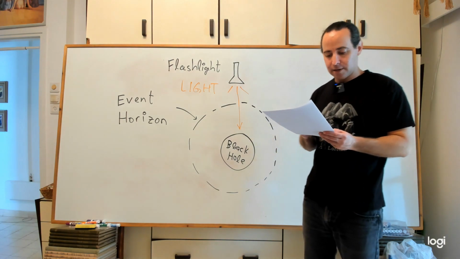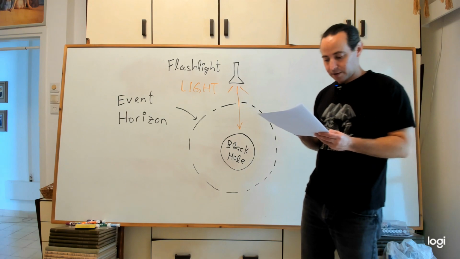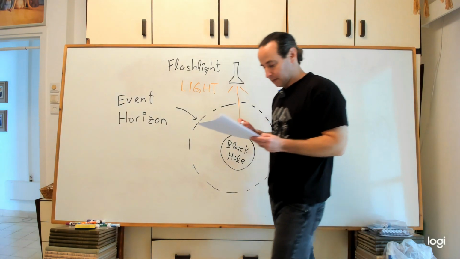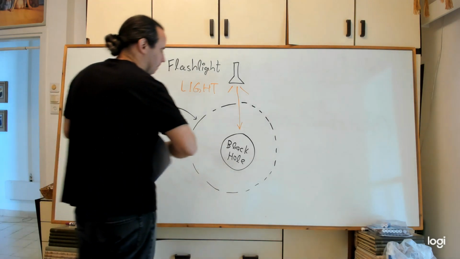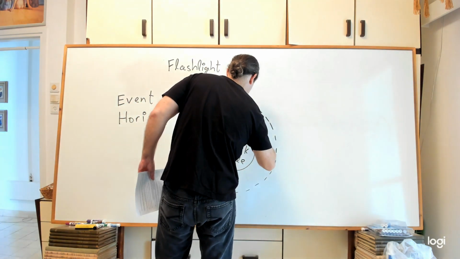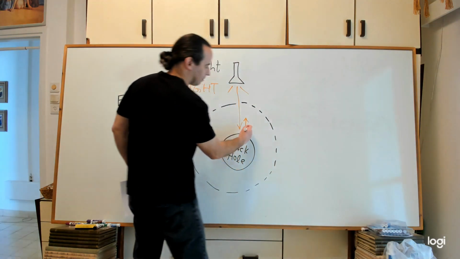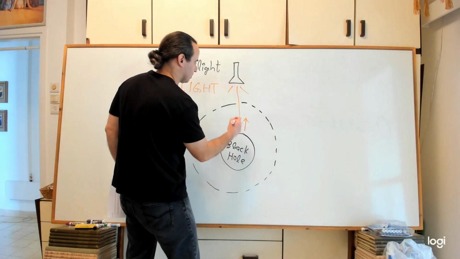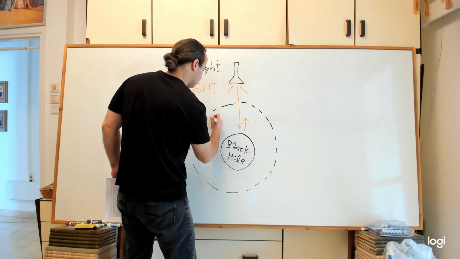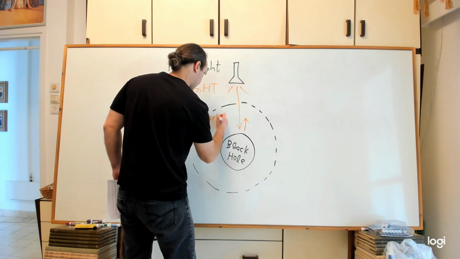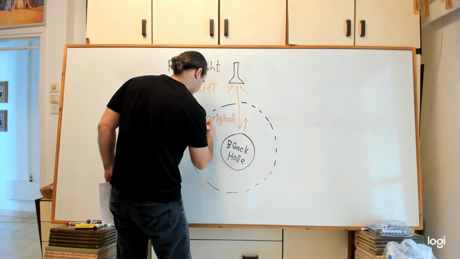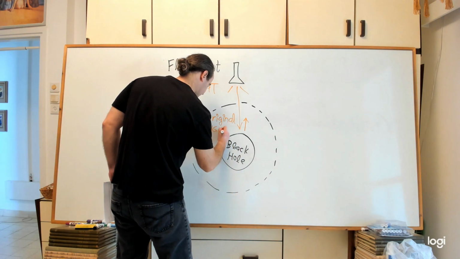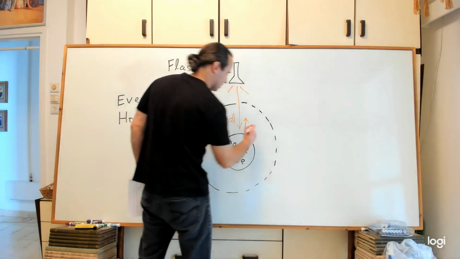Part of the light is reflected back by the object that the light hit. Okay, so this is the reflected light. This is the original. And this is the reflected.